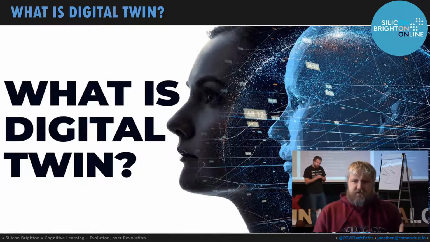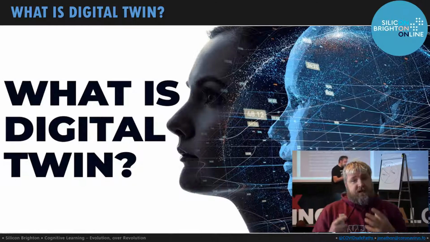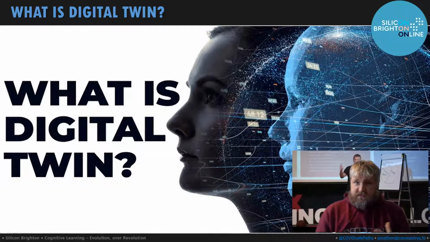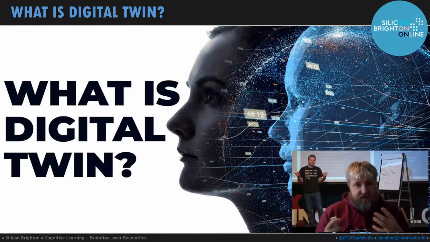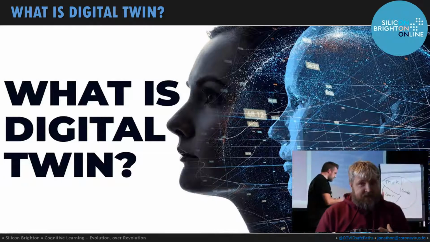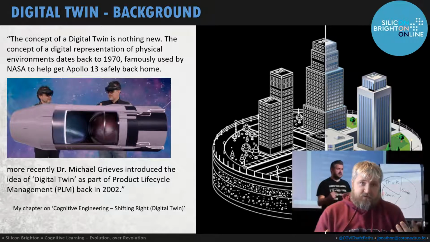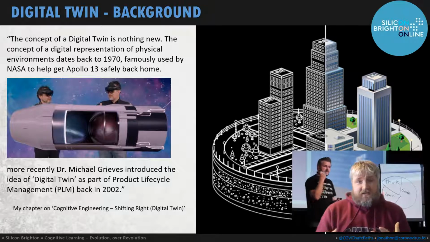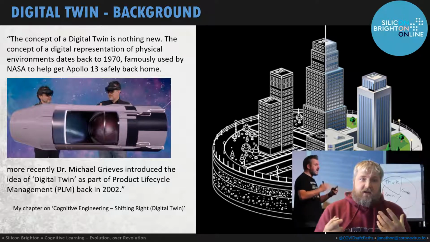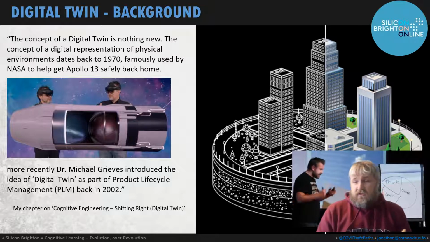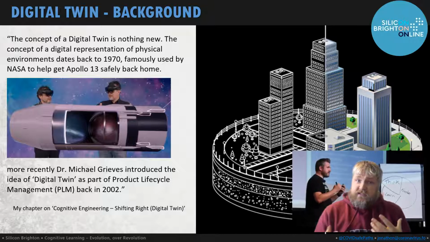So what is a digital twin? Now, a digital twin is nothing new. It's been around for a very long time, and I'm going to give you a quick brief history of what a digital twin is. So actually, the easiest and probably the best example would be about 50 years ago, when NASA helped Apollo 13 come back safely home.